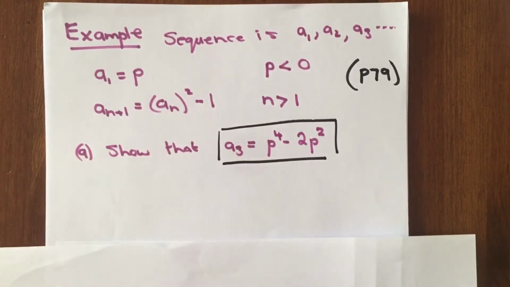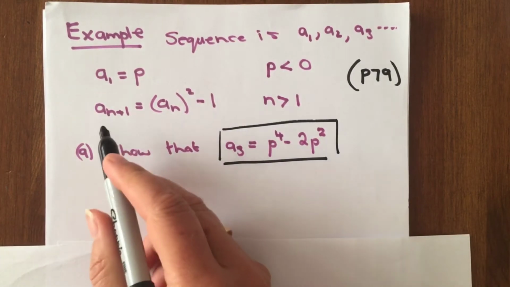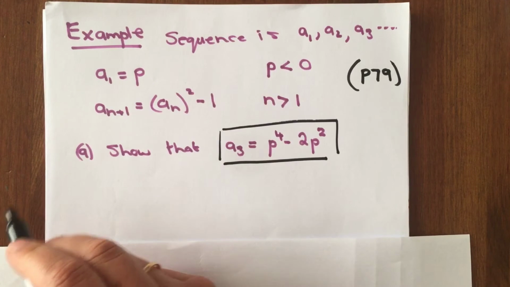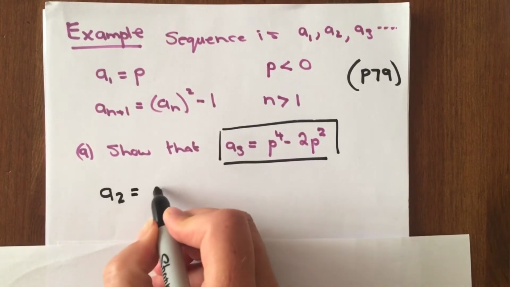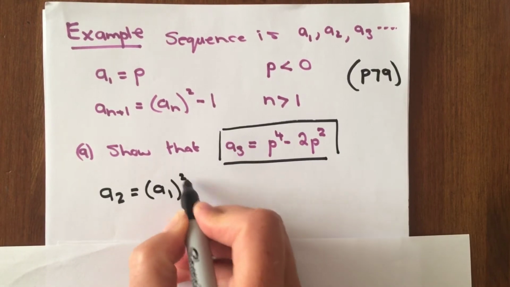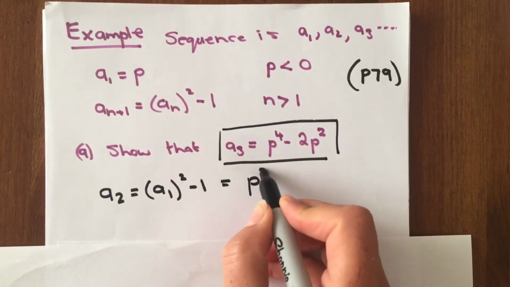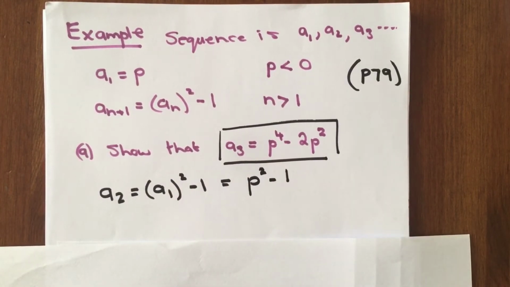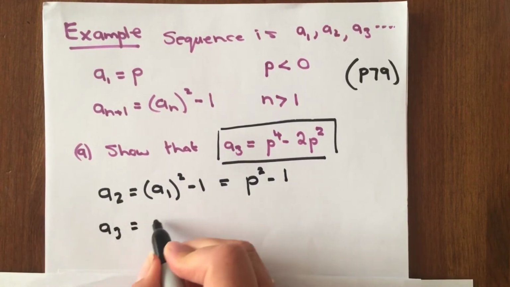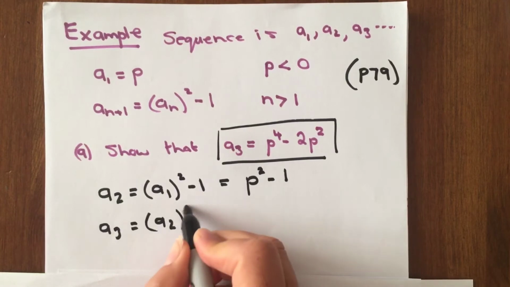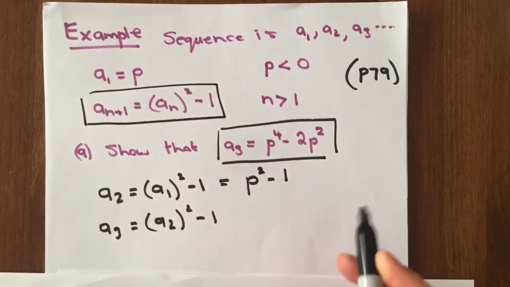So I'm going to find the second term, because I can't find the third term before I've got the second term. So the second term is the first term squared minus 1. I know the first term is P, so I get that. Now I'm going to find the third term. The third term is the second term squared minus 1, just using this recurrence relationship here.